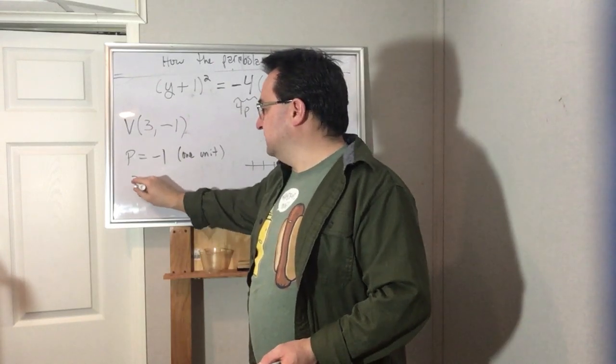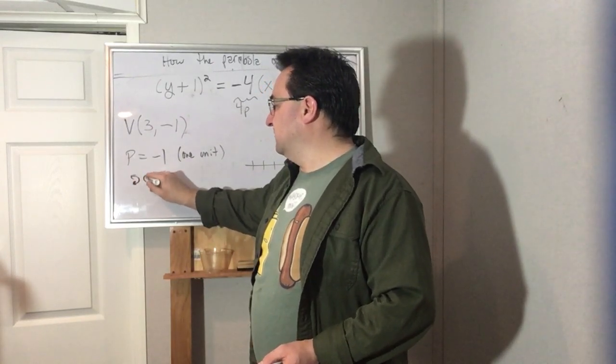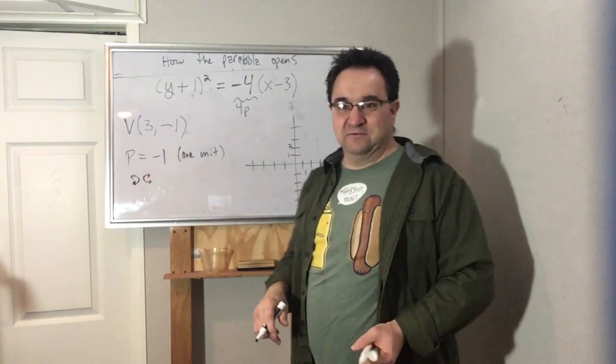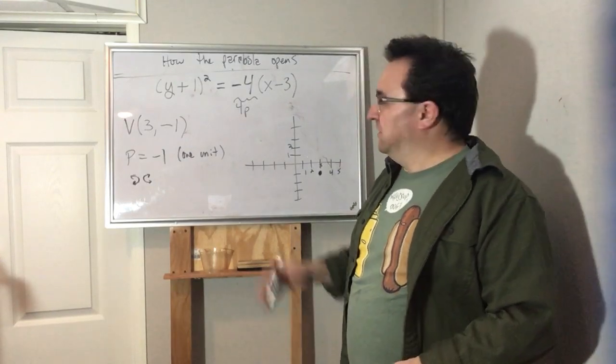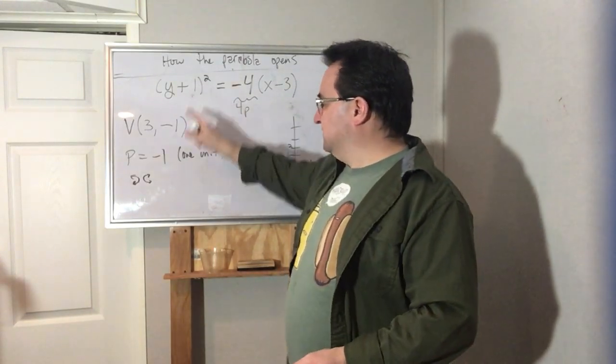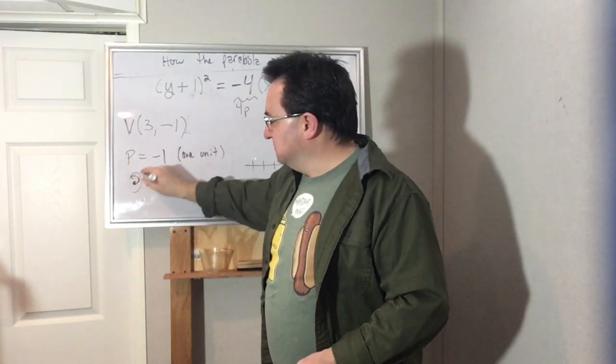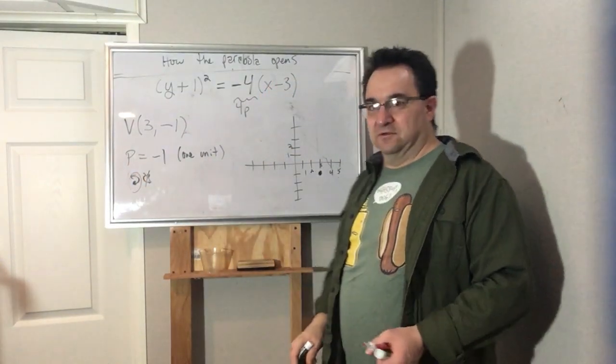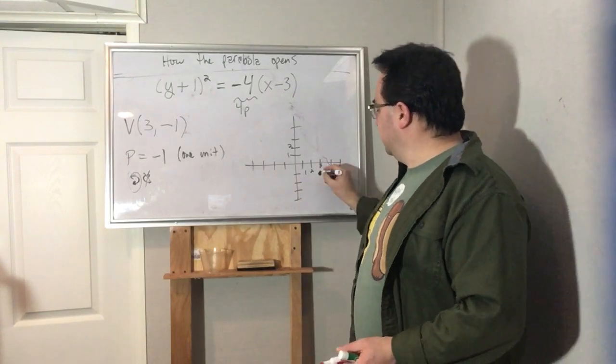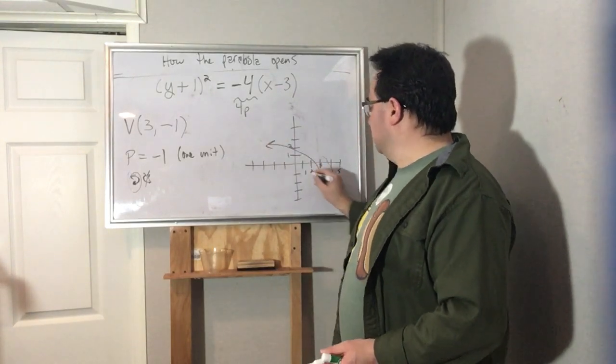Horizontally oriented is left or right. My bad. Some of you are probably wondering what the heck I was talking about. Horizontally oriented is one of these directions, and minus is this one. So it's going to open backwards. So from this vertex, it opens backwards.